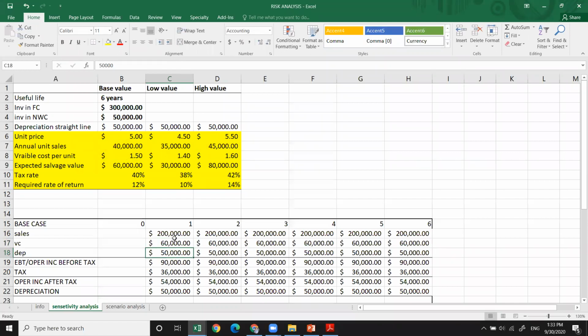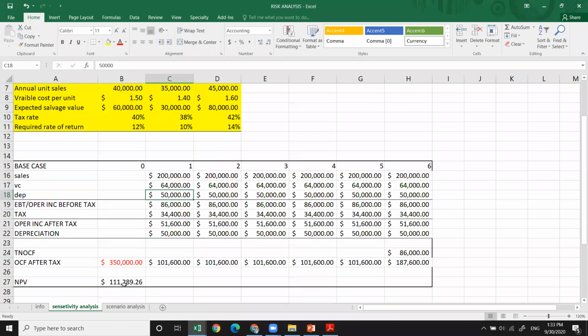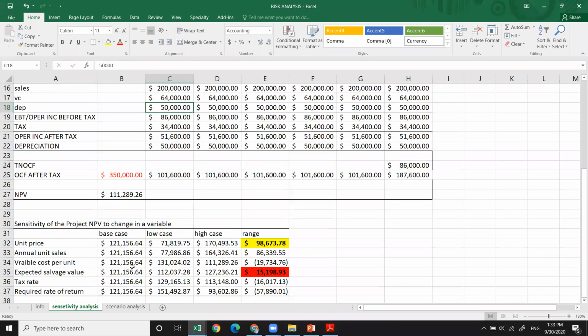Okay. Now, what we do here, we will change the variable cost per unit. The variable cost per unit will not be anymore 1.5, it will be 1.6, keeping the other things same. My NPV becomes, oh yeah, here we go.